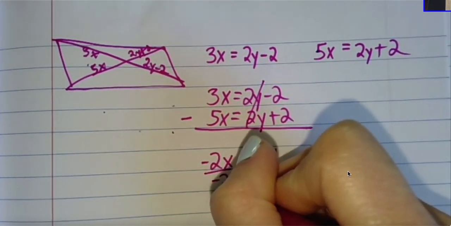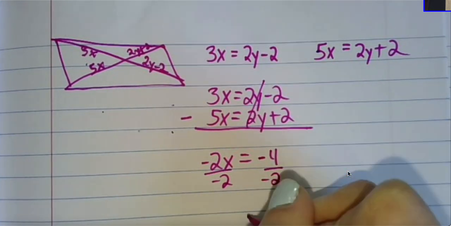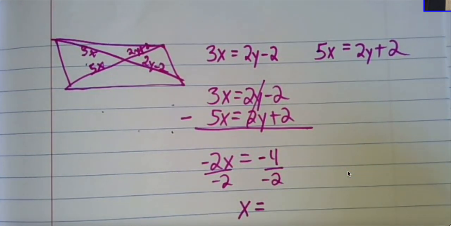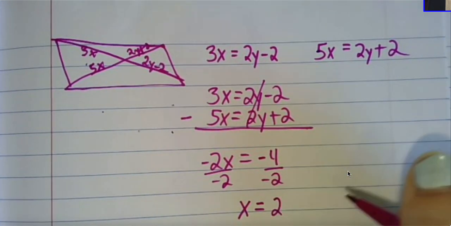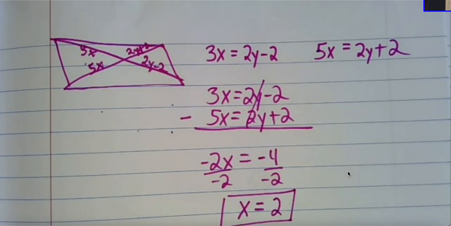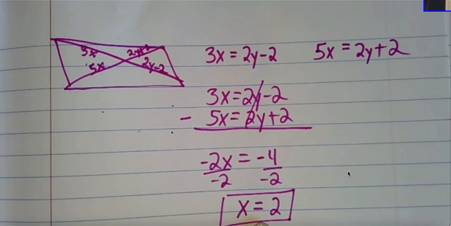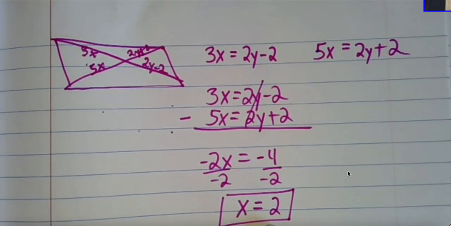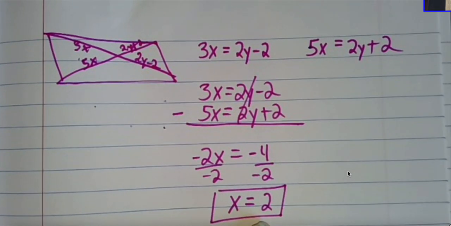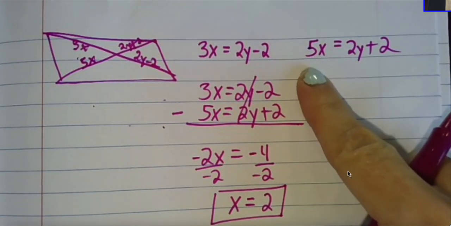Then what am I going to do to solve for x? Divide by negative 2. So x equals 2. That's the first part. The whole problem says, what are x and y? So I found x. How do I find out what y is? Just go back and plug in my x.